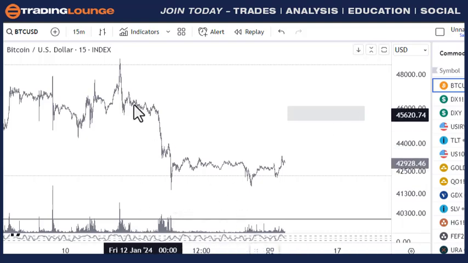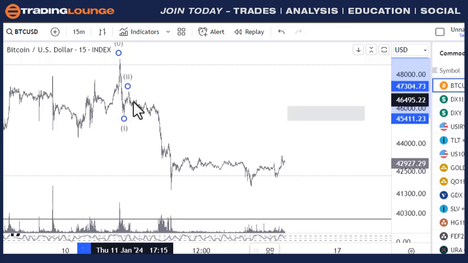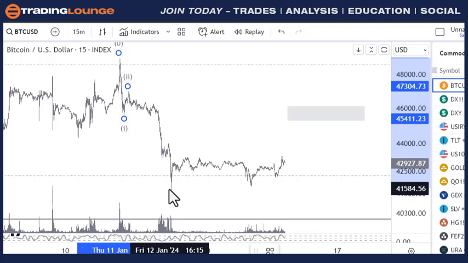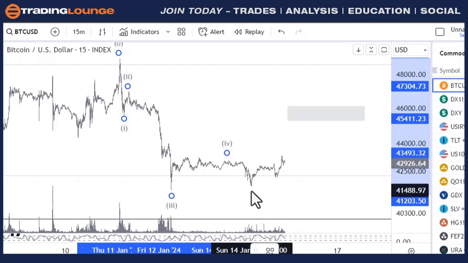We've got wave 1 here and 2 here, and then 1, 2, 3, 4, 5 here, so we can put wave 3 there. I'm thinking we could put wave 4 here and have a truncated 5th wave here. That's what I'm sort of thinking.